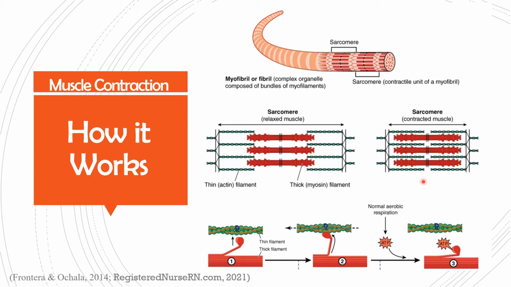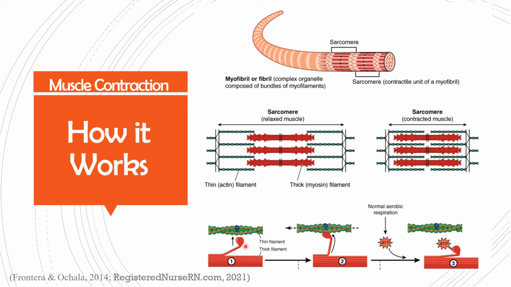When we're looking at the logistics of how this works, we can show it in three very basic steps. Here you'll see the thick myosin filaments, which are located within the sarcomere band, which is right here, number one. Each one has a knobby head, which is right up here.